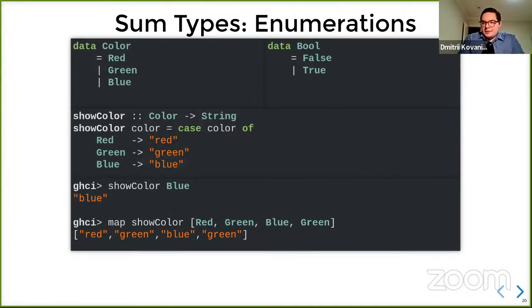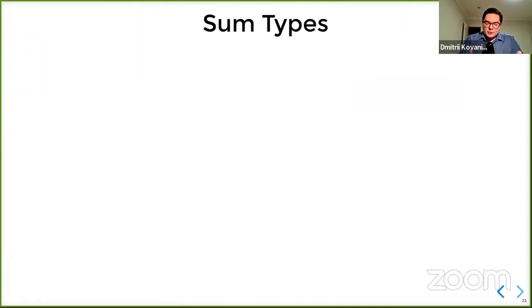Since it's just a data type like any other data type, you can have it inside a list, and you can apply a function to every element of the list using map, and you will get a list of strings. So really neat. So enumerations are a simple form of sum types, but there are more involved, more flexible ones.